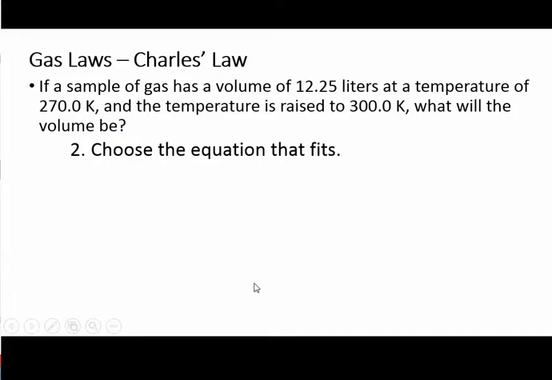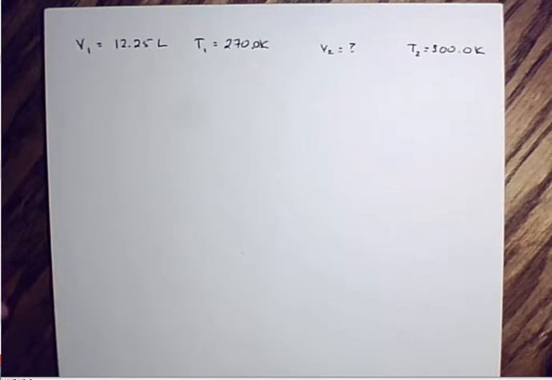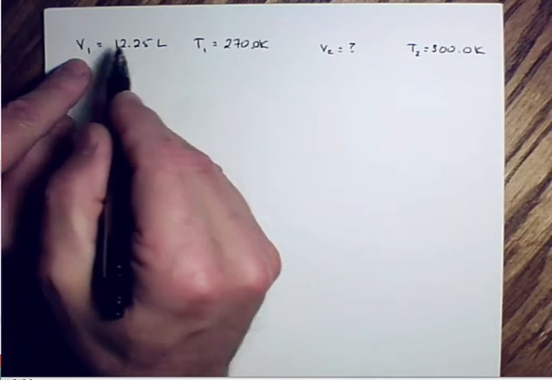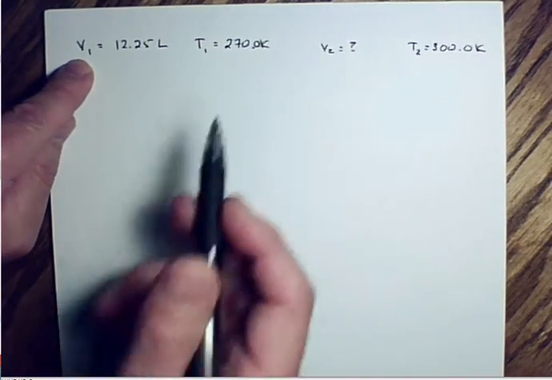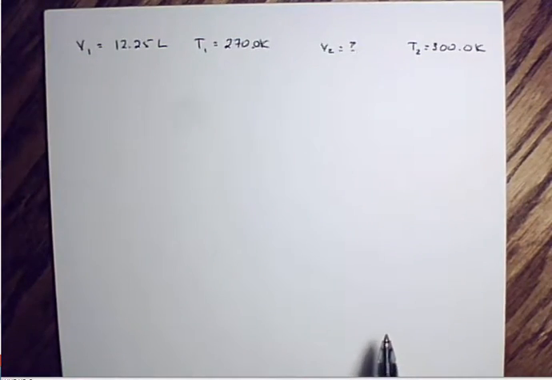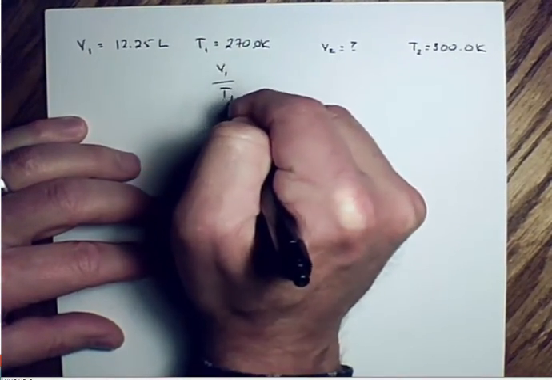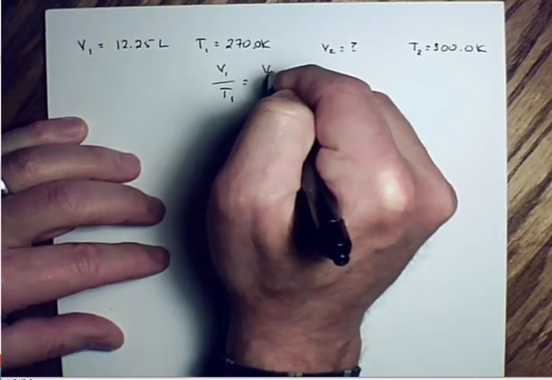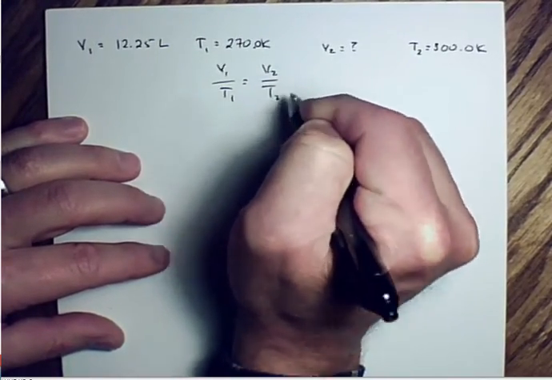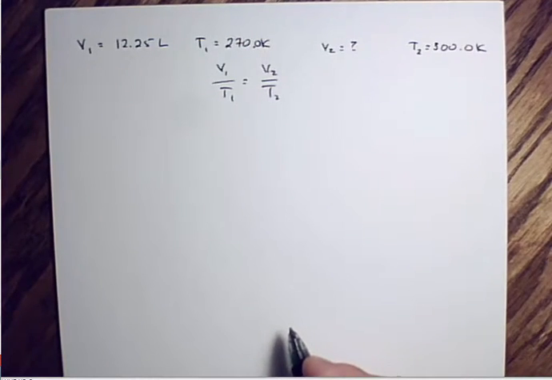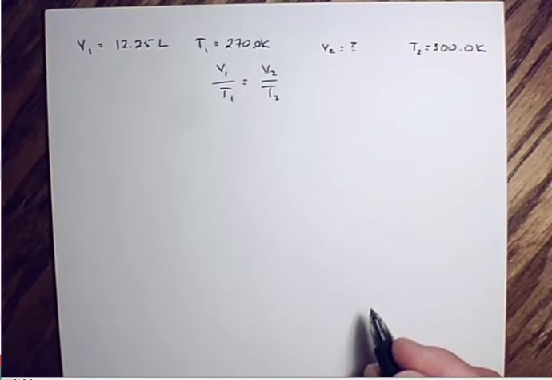So the second thing is to choose the equation that fits. Well, if I look at V1 and T1 and V2 and T2, oh, that's Charles' law, because those are the variables you find in Charles' law. V1 over T1 equals V2 over T2. Now, you kind of knew that already because we already talked about that's what we're going to be doing.